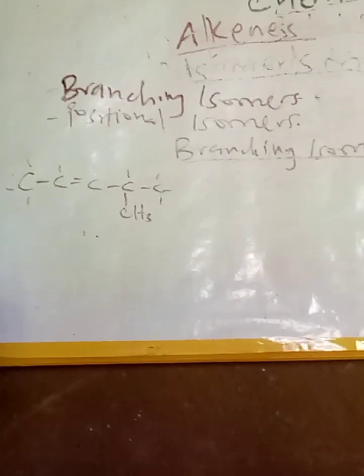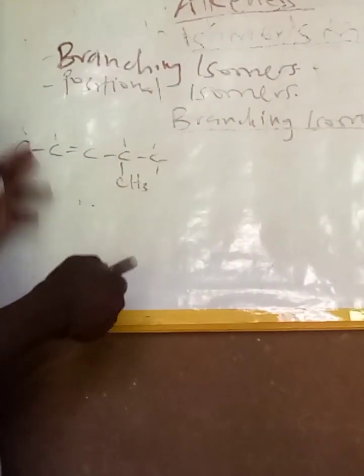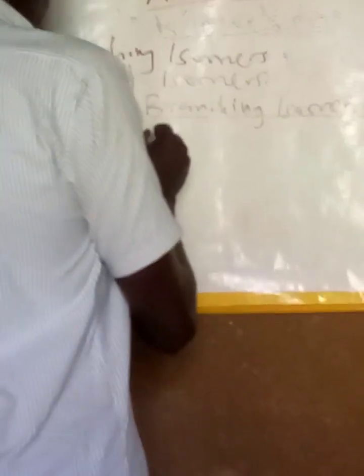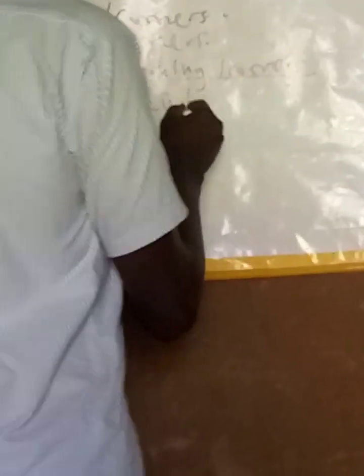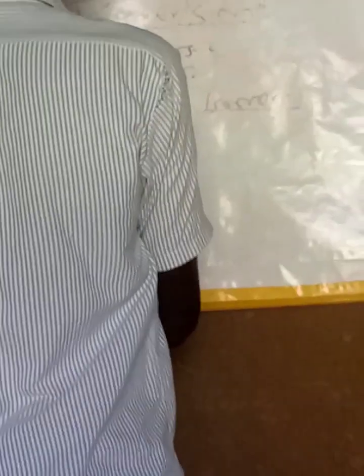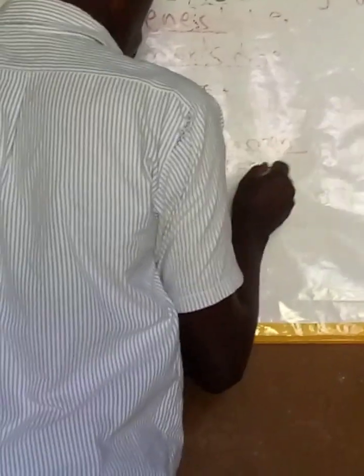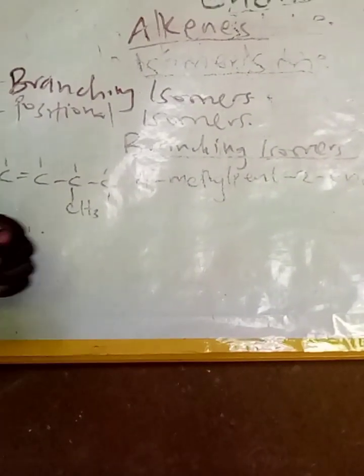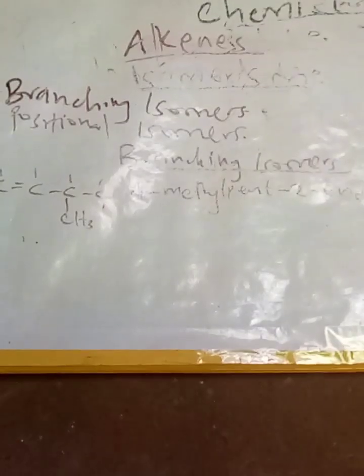The name of this compound here: 1, 2, 3, 4, so it is 4-methyl, 1, 2, 3, 4, 5, pent-2-ene. That is now the name. You can talk of pentan-2-ene or pent-2-ene. All of them are right. That is the name of the compound.